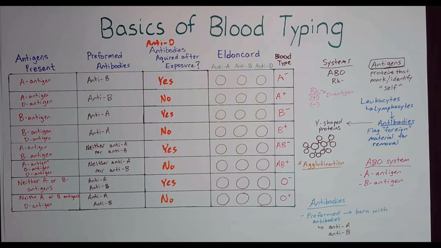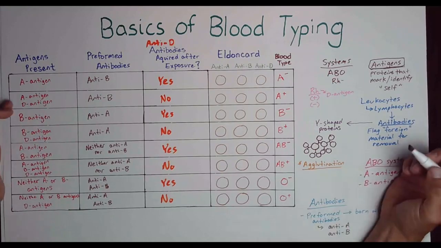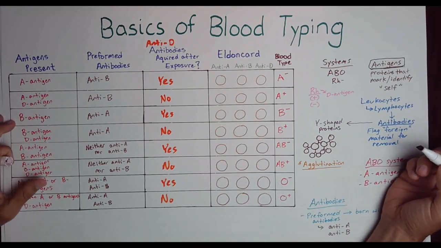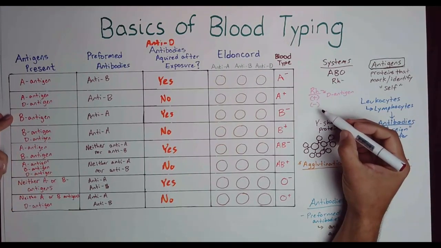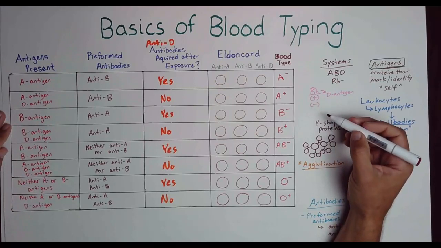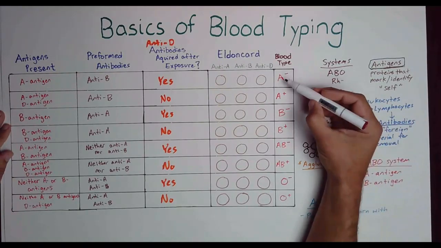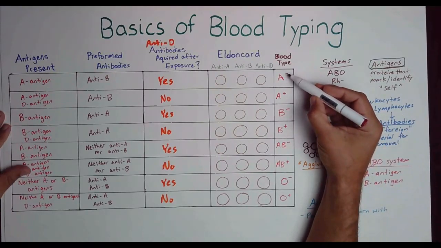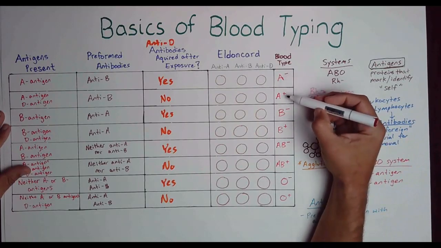For the purpose of what we want to do here, we want to look at how Rh negative would affect giving blood and receiving blood. So if you have an A minus blood, would you ever want to receive A plus blood?